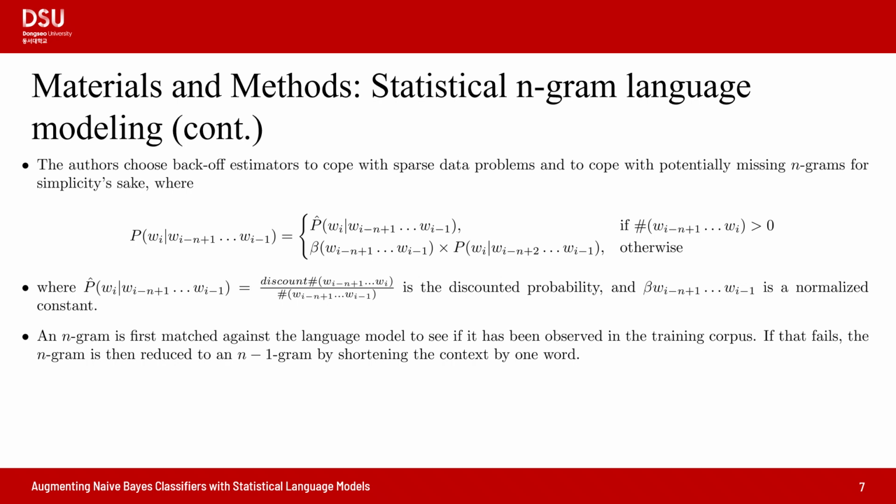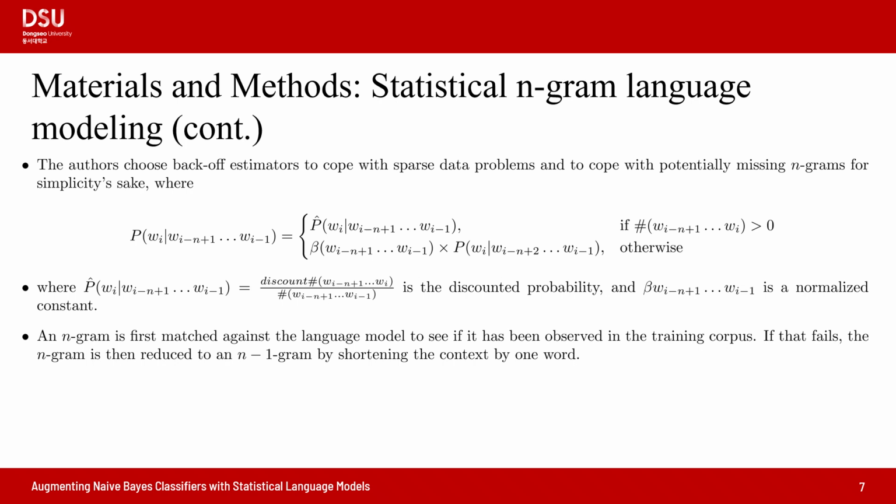Otherwise, we are going to assign the value beta of w_{i-n+1} till w_{i-1} times the back-off value of w_i given w_{i-n+2} till w_{i-1}. So what does the first part of the case mean? The cap P is simply the discounted probability, and in the second case the beta is a normalizing constant. So this is how a back-off estimator is applied to solve the vocabulary size problem that we have here.